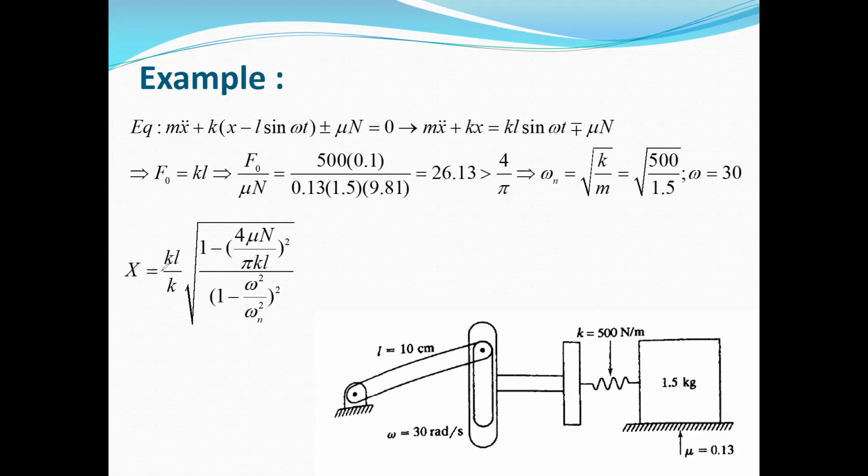Here F naught is in fact a function of the stiffness, so this k will be cancelled out, and we can substitute and calculate the amplitude of the response. Okay, any question from this example? Is it clear? Clear, sir. Okay.